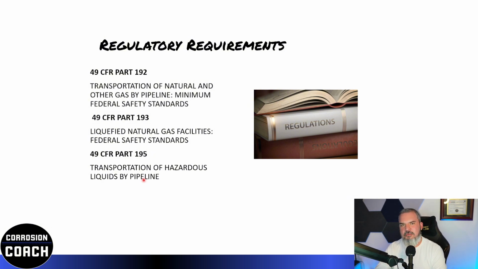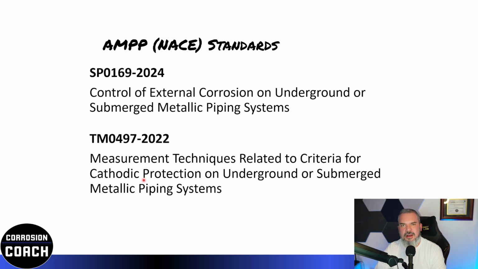Do we have any help from the industry? So if the federal government's going to say thou shalt do some stuff, do we have anything in the industry that can help us out? Sure we do. I'm a member of AMP, formerly known as NACE, and they issue standards from time to time that help us specifically with corrosion control and cathodic protection for underground or submerged metallic piping systems. There's all kinds of other standards out there.